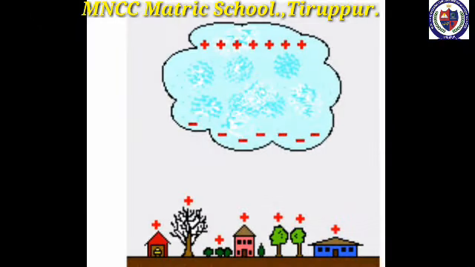Sometimes the lower part of the cloud, which is negatively charged, comes in contact with the positive charges accumulated near the mountains, trees, and even people on the earth. This discharge produces a lot of heat and sparks that result in what we see as lightning.